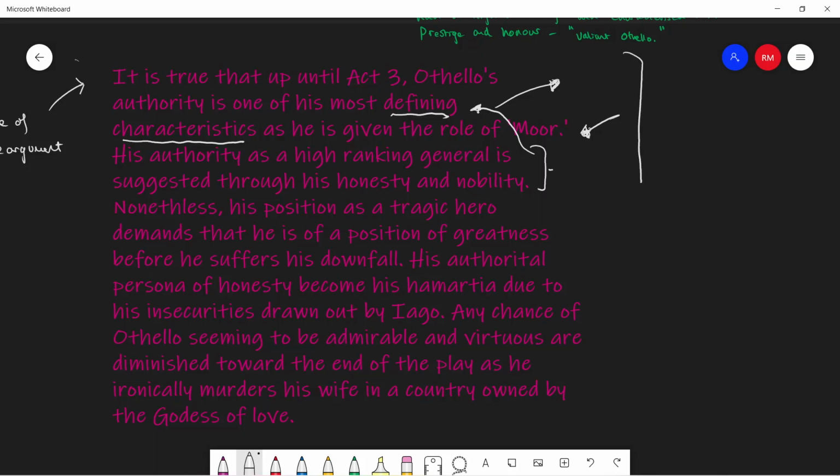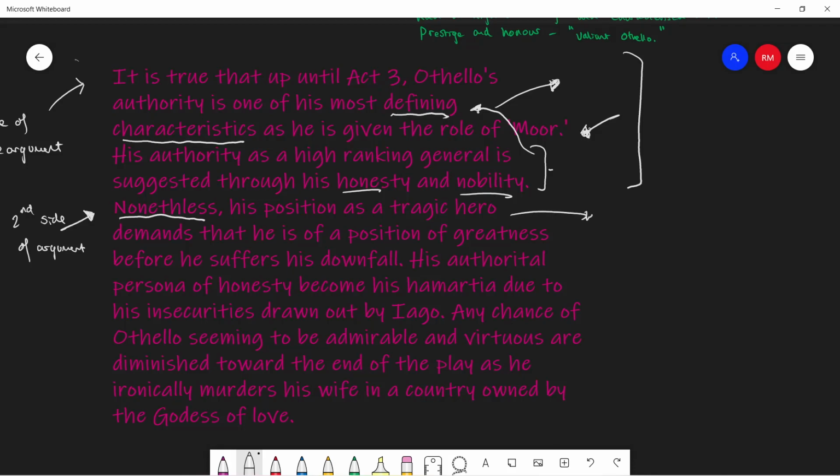So here we are going to probably use the themes of honesty and nobility, virtue of Othello to try and back up your agreement. And here we are turning to the second side of the argument. You can start this at the beginning of the introduction or the end. So I've put his position as a tragic hero.